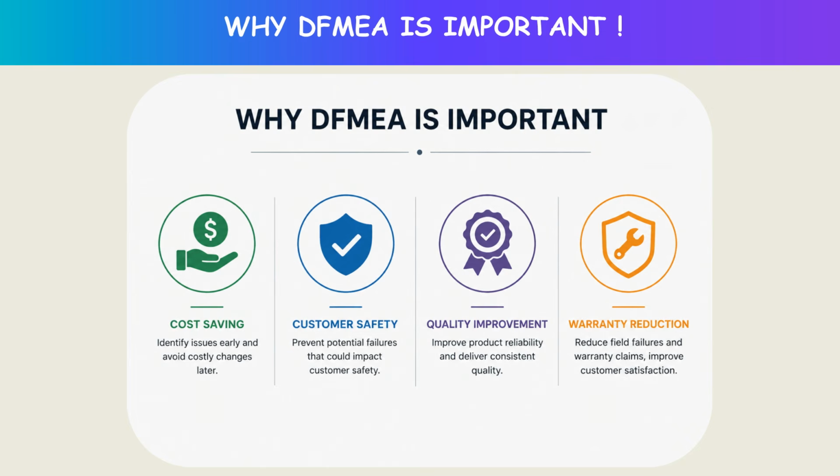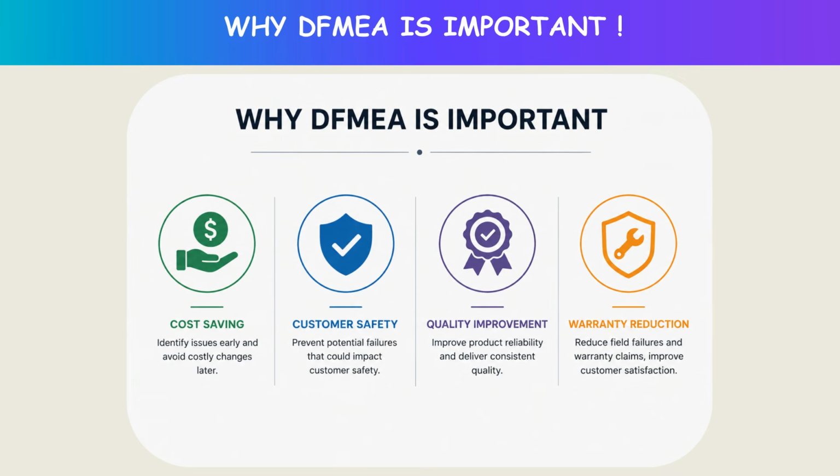So now the question is, why is DFMEA so important? First, cost saving. Finding problems during design is much cheaper than fixing them after tooling or production. Second, customer safety. DFMEA helps identify safety-critical risks early. Third, quality improvement.